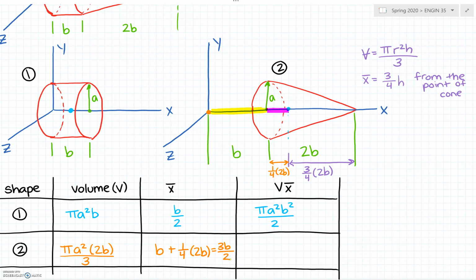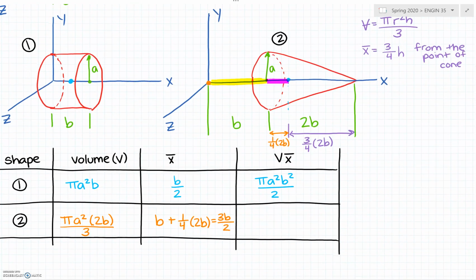So we had to do b plus 1 over 4 times 2b because each x bar in this table needs to be taken with respect to the same point or the same origin. So it's b plus 1 divided by 4 times 2b. So when we multiply those two times each other, we have pi a squared b squared.